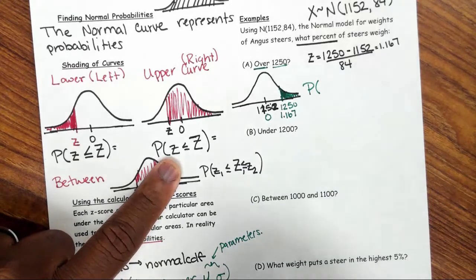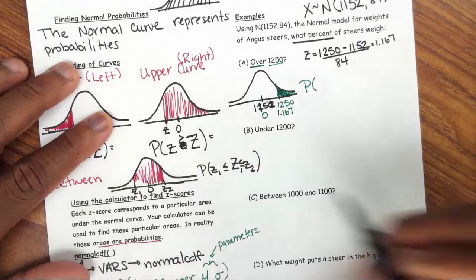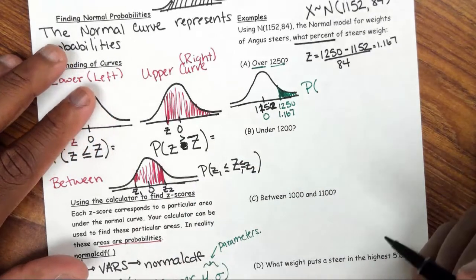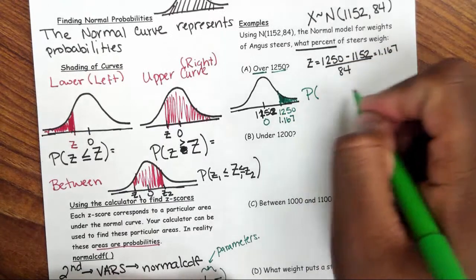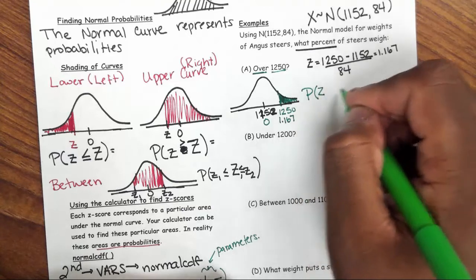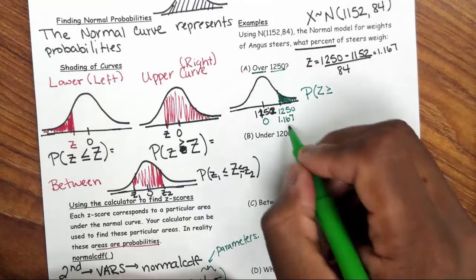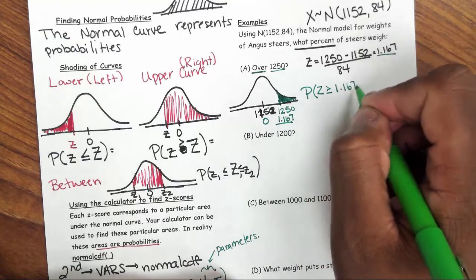This is actually wrong. This needs to be changed to this. It's greater than or equal to. So I'm going to report greater than or equal to. So I want the probability that z is greater than or equal to this z-score right here, which is 1.167.